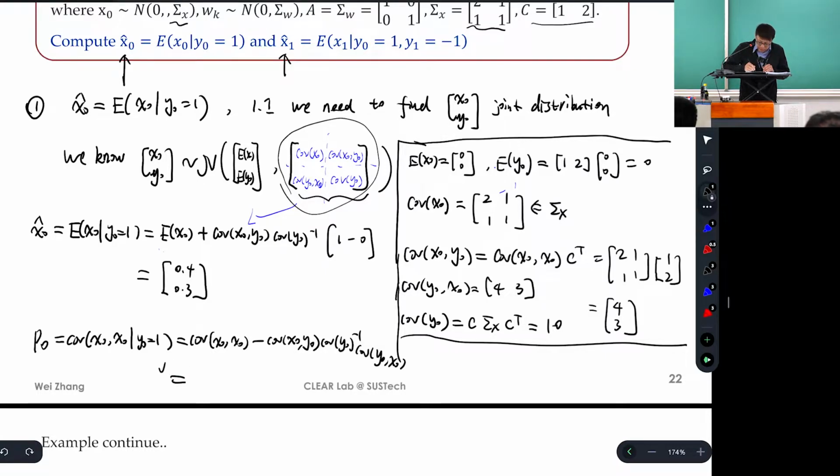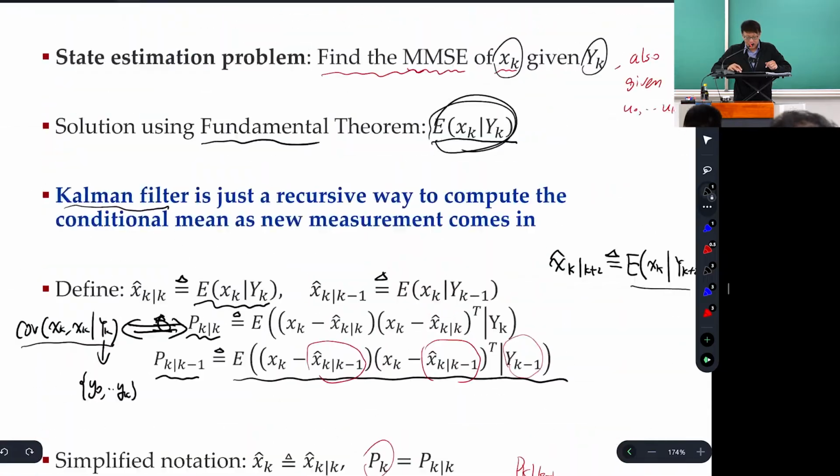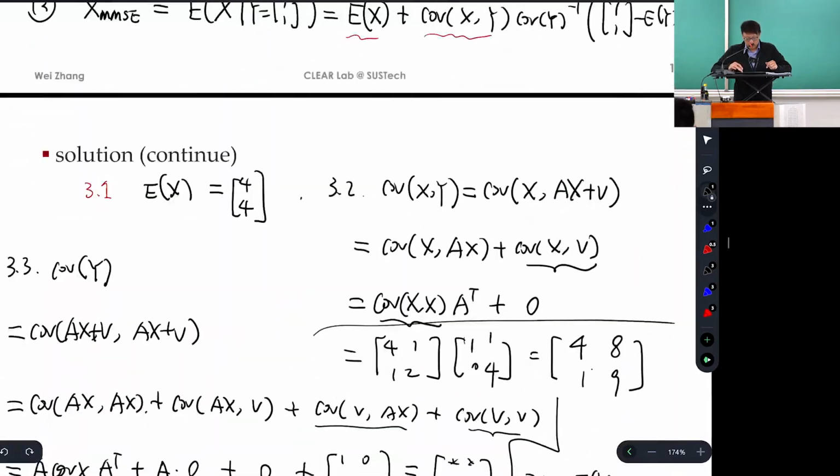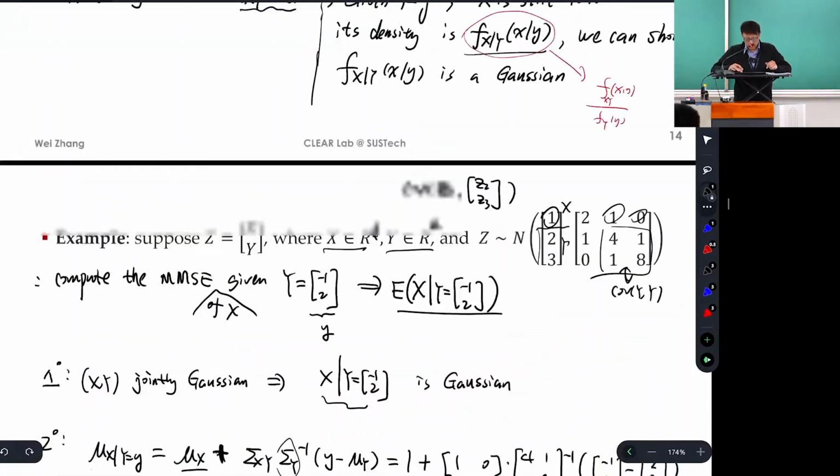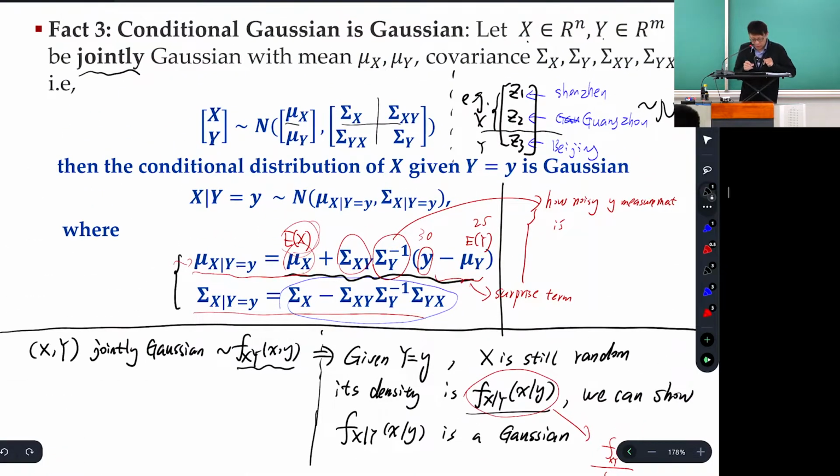It's not a definition, so verify it yourself. This is the matrix with entries 0.4, negative 0.2, negative 0.2, and 0.1. Where does this formula come from? The conditional expectation formula. Let me make sure you see what I mean.